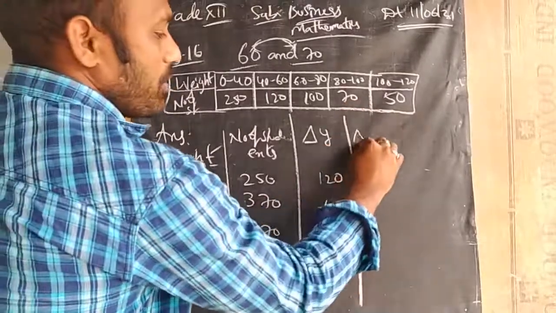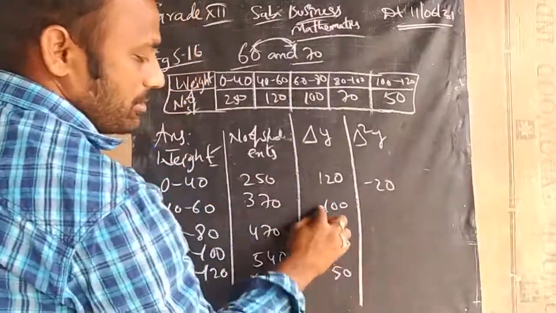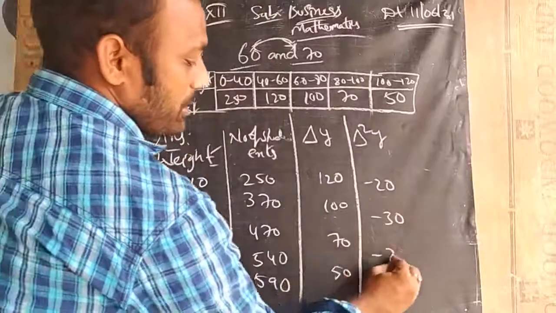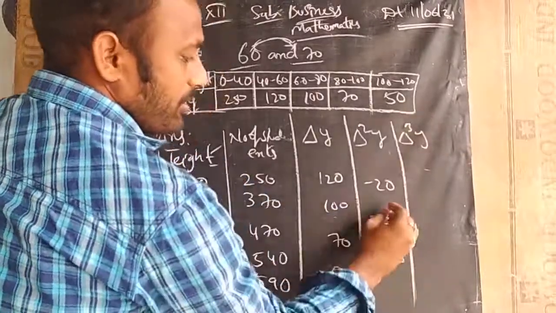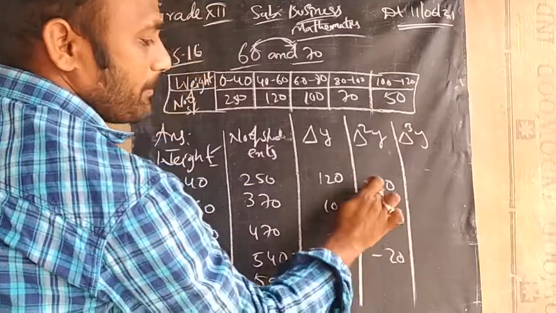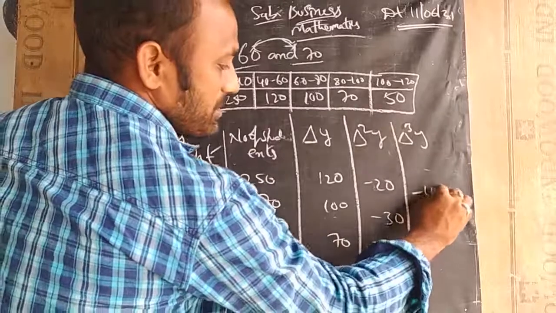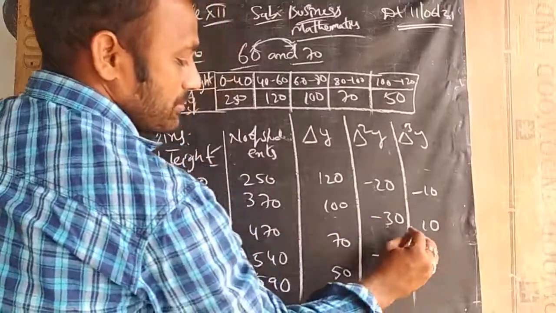Next, delta square y. So minus 20, 70 minus 100 is minus 30, minus 20. Delta cube y, minus 30 plus 20. Minus 30 plus 20 means minus 10. Minus 20 plus 30 is plus 10.